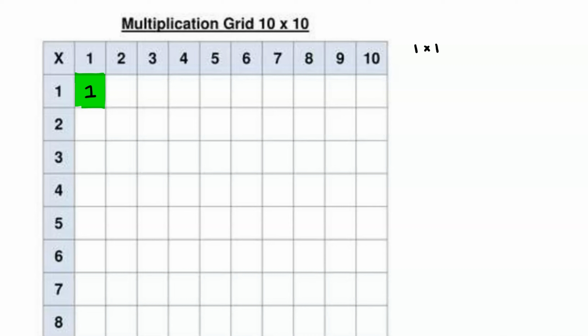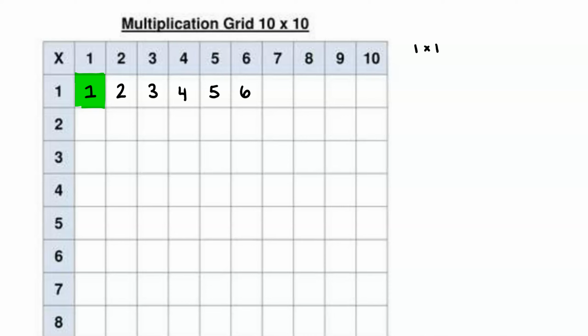In the next box to the right, 1 times 2, that's one row with 2 pennies. So there'll be 2 pennies. One row with 3 pennies would be 3 pennies. So then one row with 4 pennies would be 4 pennies. One row with 5 pennies would make 5 pennies. One row with 6 pennies would make 6 pennies.